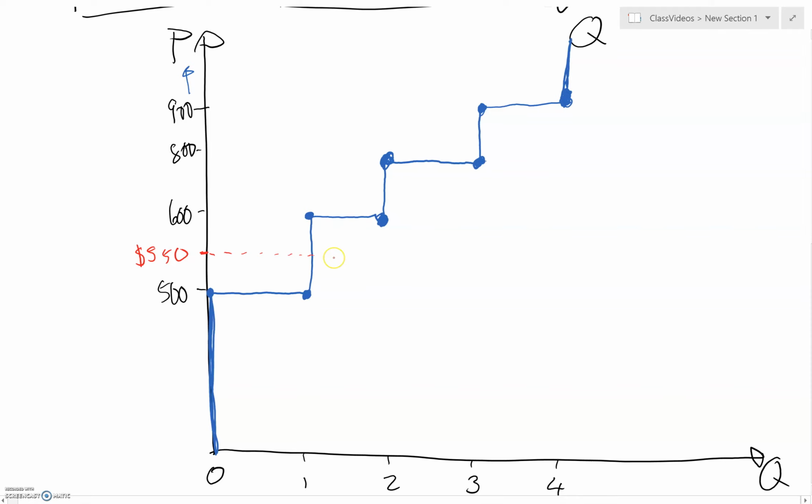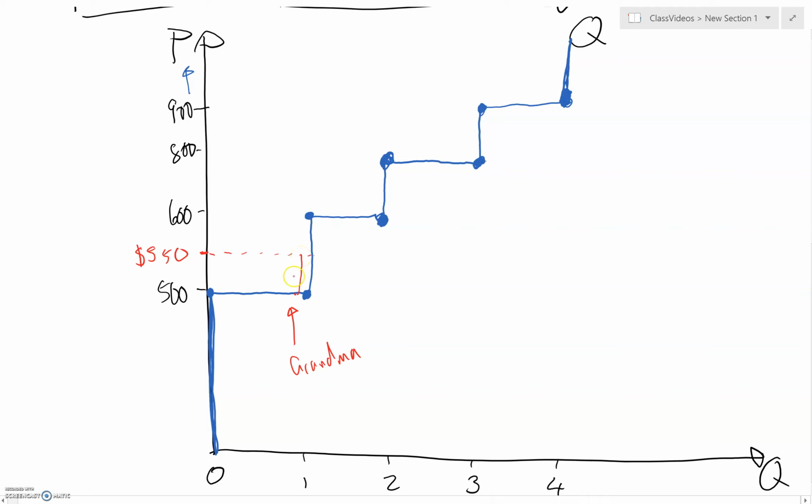In this situation, the first seller, which if you're looking at the previous example is Grandma, produced this first item. If the price is $550, Grandma has a marginal cost of $500, and she manages to sell it for $550.